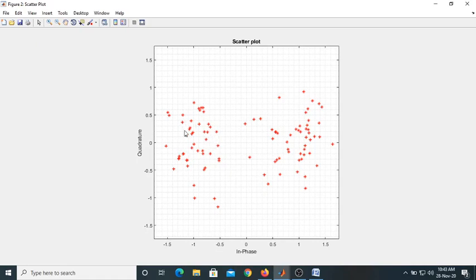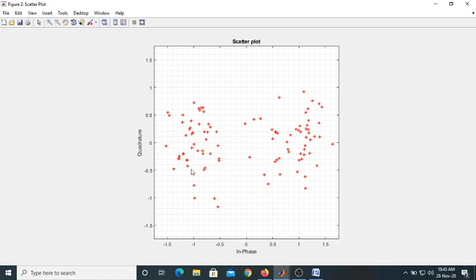Now generally what we do here is, what does the ML rule say? Among the received points we have to find out which is nearest to the original point. Suppose at minus 1 we have one point, this is a message point. Now for this message point, which is the nearest one? This point. So that is simply the MAP rule or ML rule.